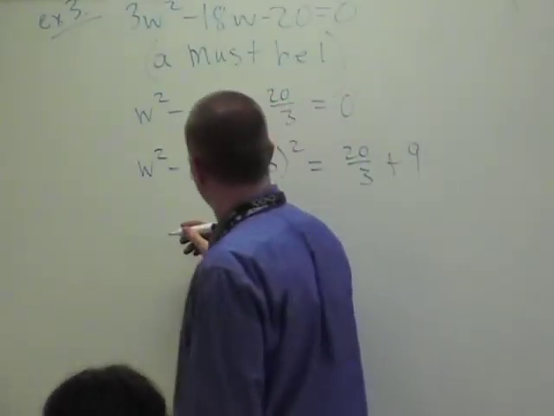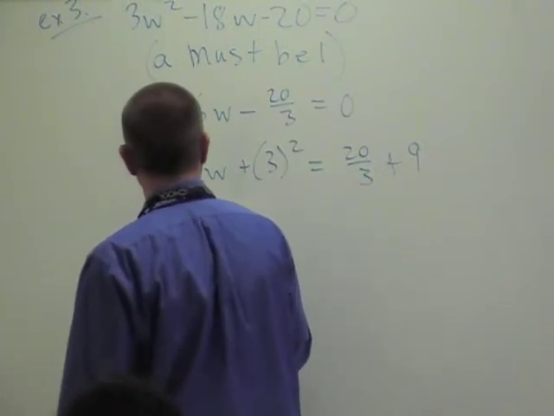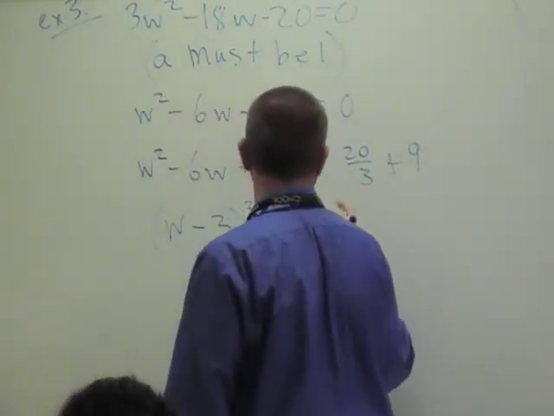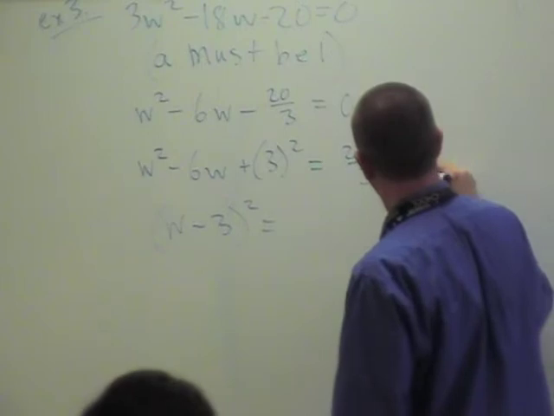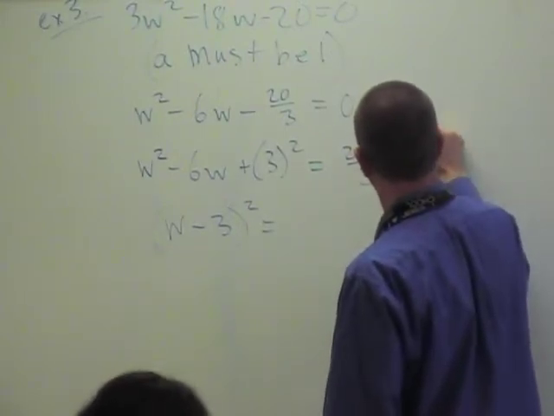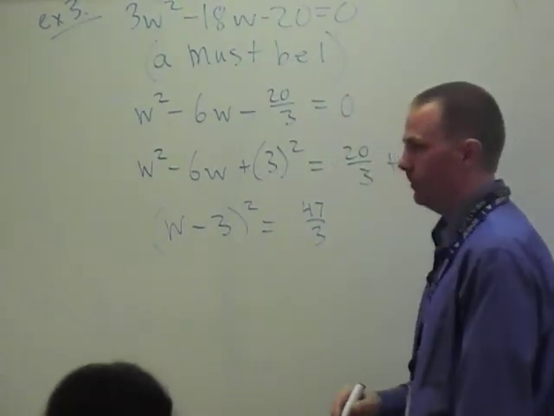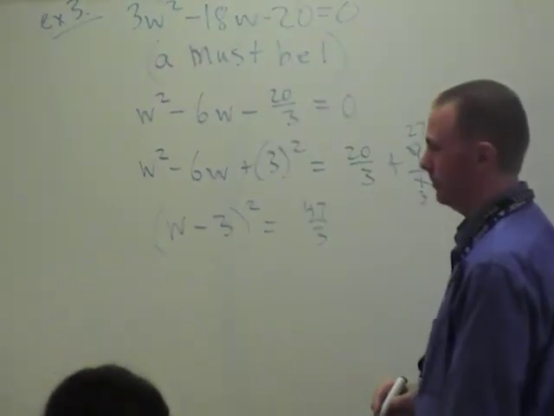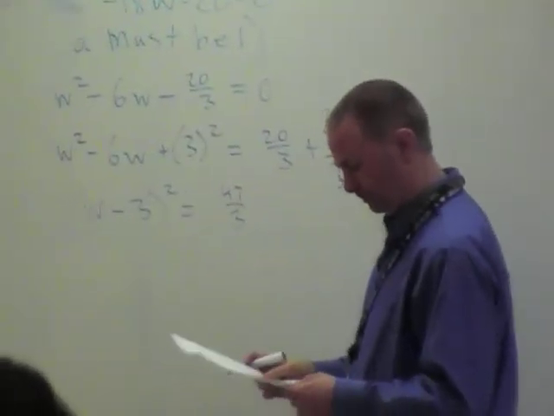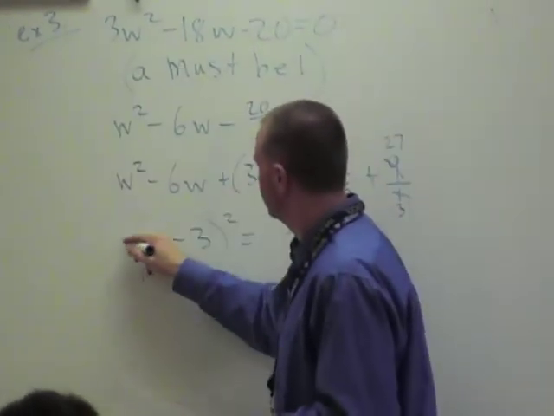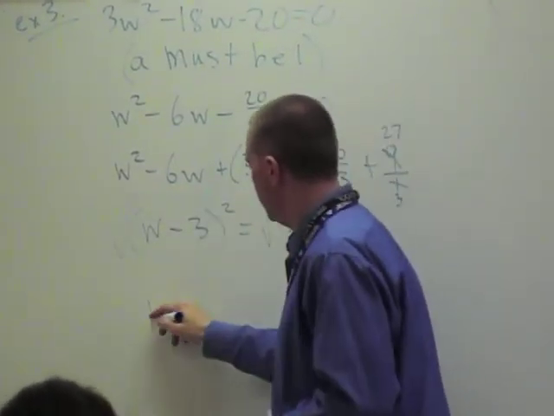So this becomes y minus 3 quantity squared on the left. This becomes 47 thirds on the right. Painful, isn't it? 47 thirds. And now you need your calculator.